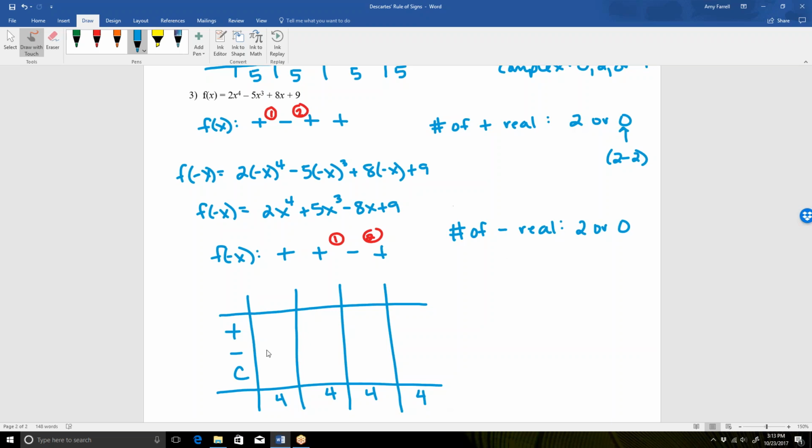I'm going to pair 2 with 2. I'm going to pair 0 with 2. I'm going to pair 2 with 0. And I'm going to pair 0 with 0. So notice I'm taking this number and pairing it with 2. I'm also taking the 0 and pairing it with 2. Then I'm taking 2 and pairing it with 0, and 0 pairing it with 0. So we have 4 different possible scenarios here.